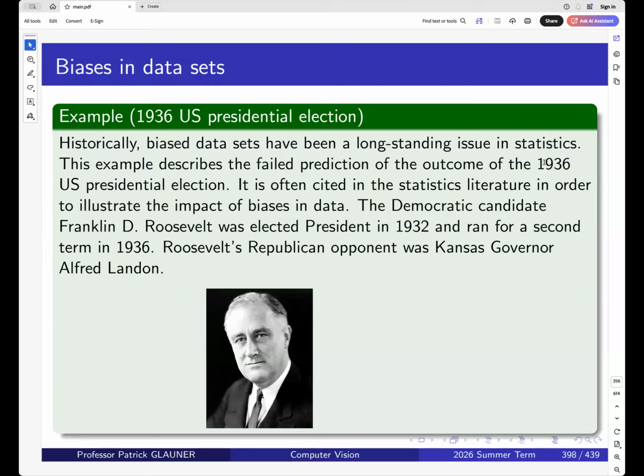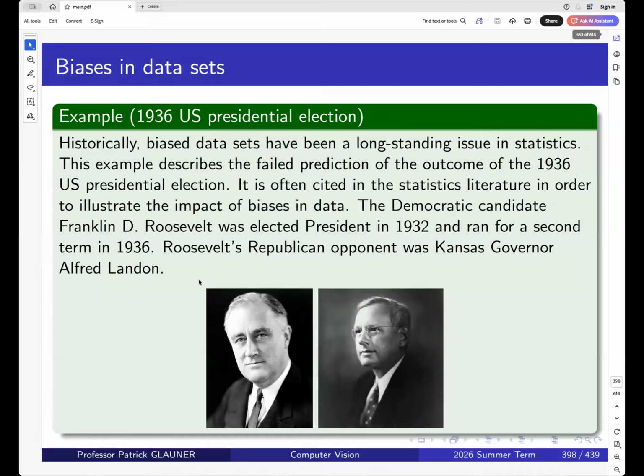So in 1936, there was the US presidential election, and the Democratic candidate was Franklin D. Roosevelt. He was elected president in 1932 and ran for a second term in 36. His challenger from the Republican Party was Alfred Landon, the governor of Kansas.